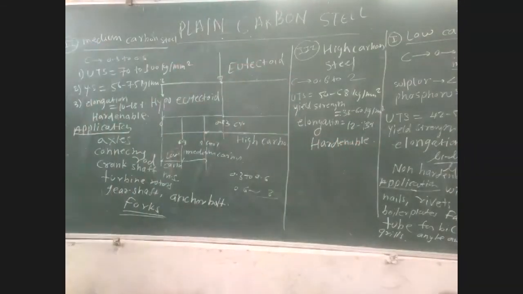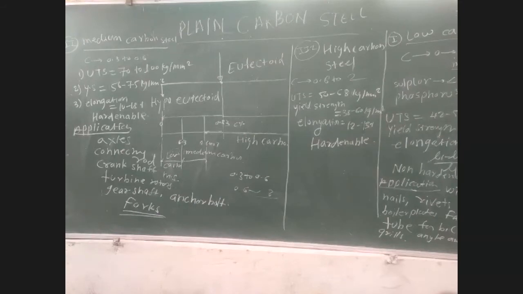Okay. So once again, you have to go through the three parts: low carbon 0.3, medium carbon 0.3 to 0.6, high carbon 0.6 to 2%. After that, you come to the next. What are the properties of that? Three properties you have to remember: ultimate tensile strength, yield strength, and elongation.